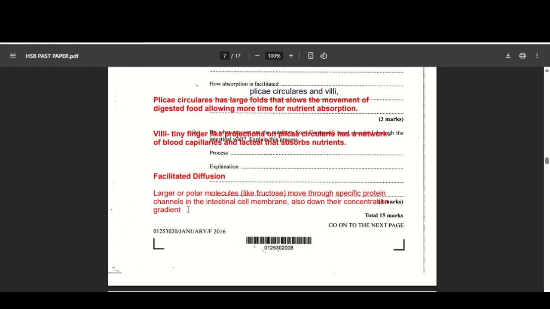It needs help, so it has to have a channel protein or a protein carrier. So we use a protein channel to pass through an intestinal cell membrane, and then it goes down the concentration gradient. That's basically how the nutrients from Cameron's meal are absorbed through the intestinal wall.